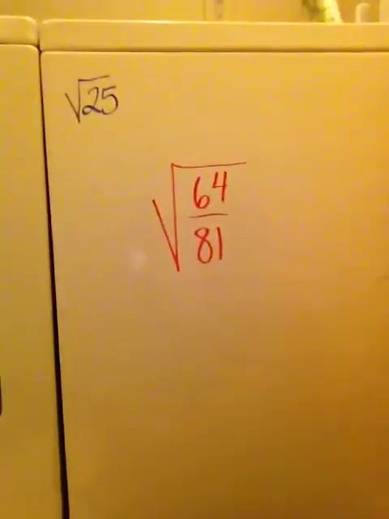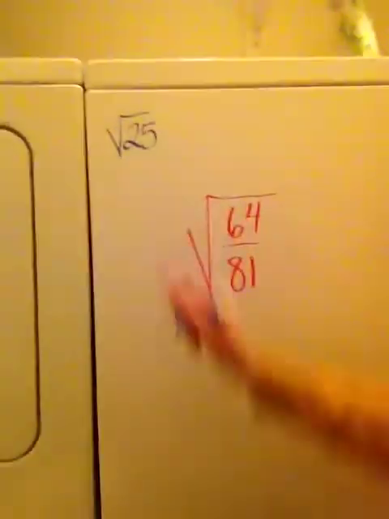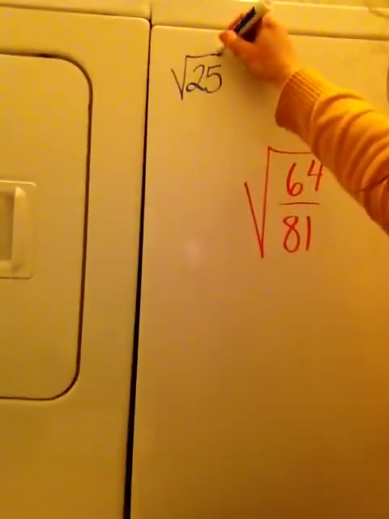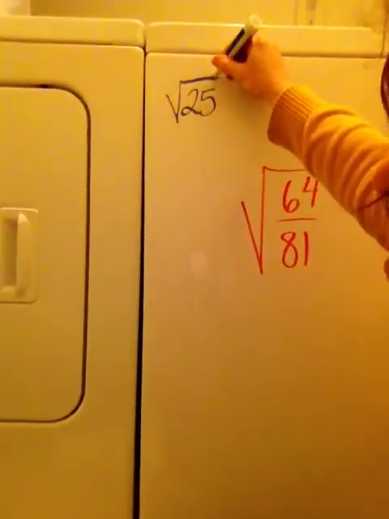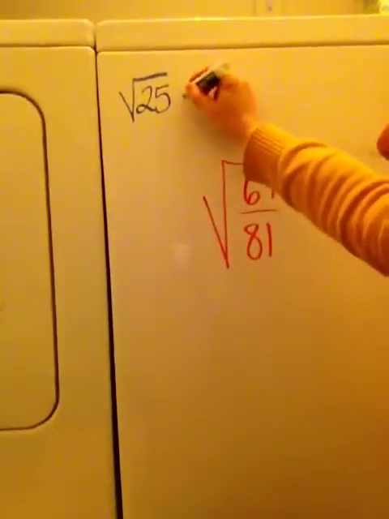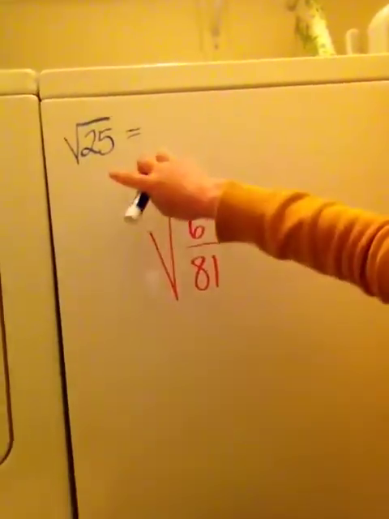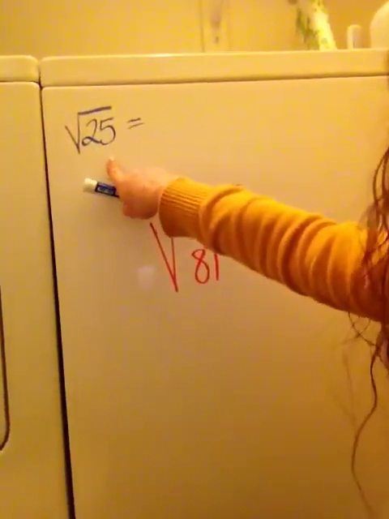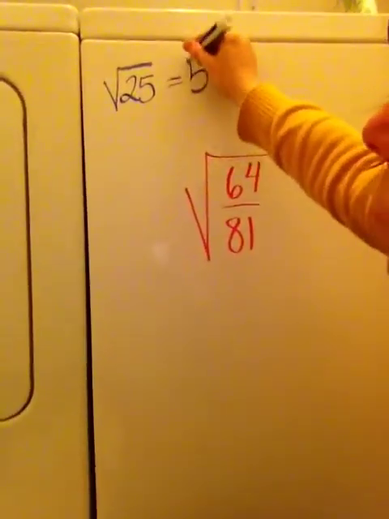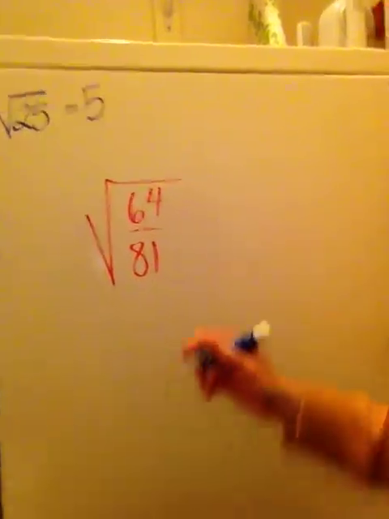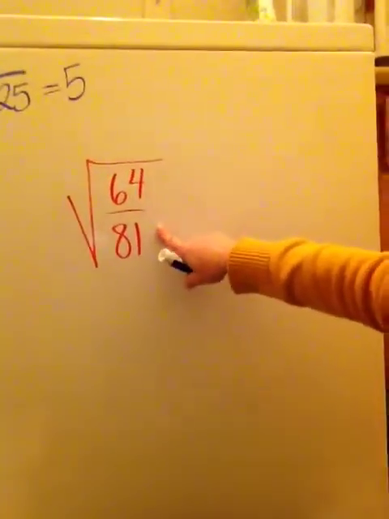Remember, it's whatever it takes to make this number multiplying by itself. What did I multiply by itself to make 25? 5 times 5 gives me 25. So the square root of 25 then is 5.